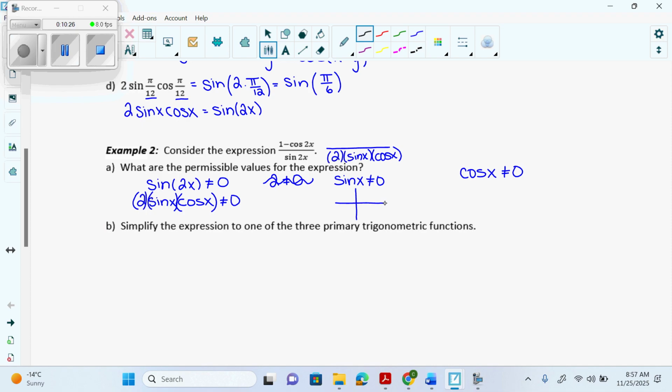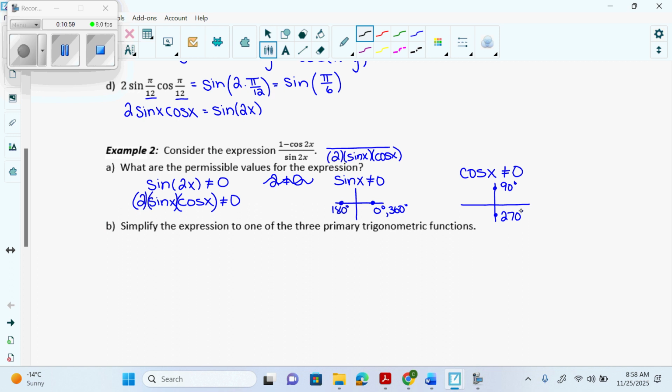Because we have to say it can't be there. 0, 180, 360, etc. Negative 180, negative 360, 720. You know what I mean? It just keeps going. Okay, cool. Good discussion. Cos x can't equal 0. Where does cos equal 0? 90, 270, negative 90, negative 270.